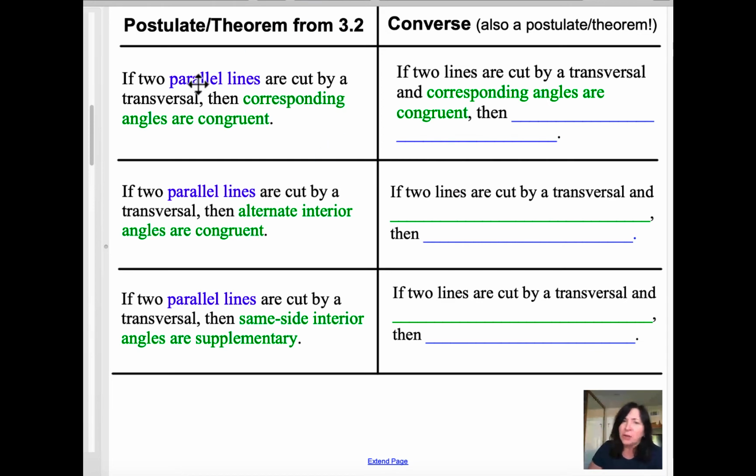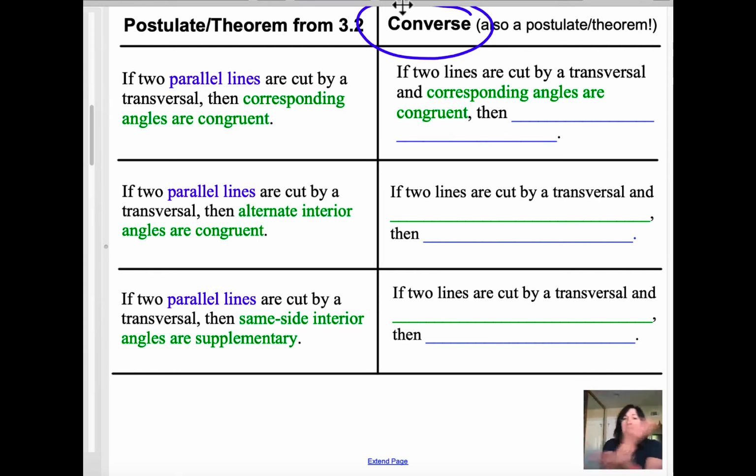So if two parallel lines are cut by a transversal, then the corresponding angles are congruent. So we've got something called a converse, and that's definitely a vocabulary word you do need to know. The converse is if you have your hypothesis and your conclusion, the converse just takes these two values and flips them.